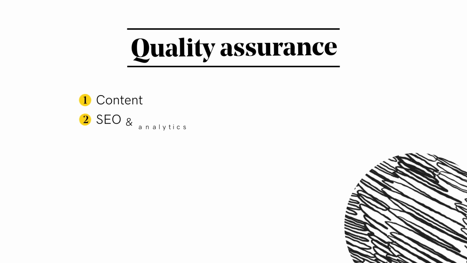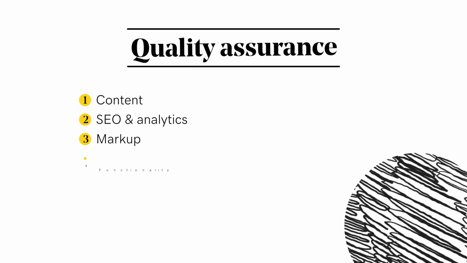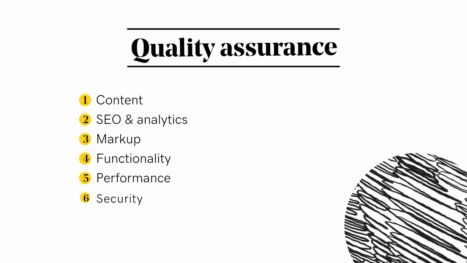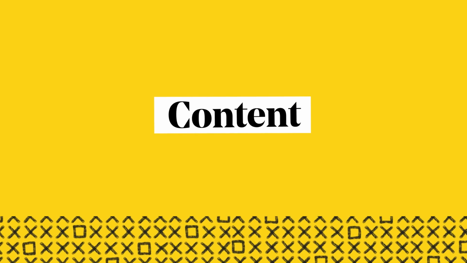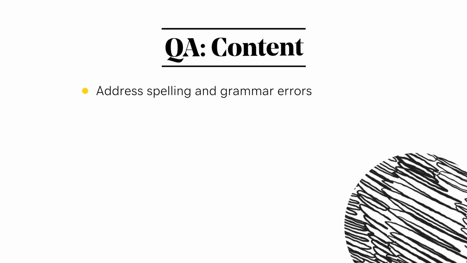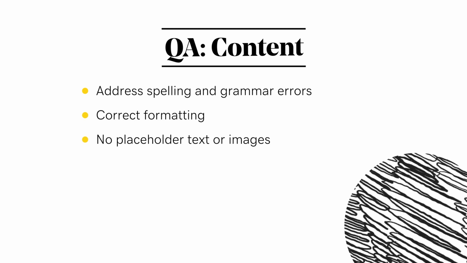Before launch, there are 7 areas to focus on for QA: content, SEO and analytics, markup, functionality, performance, security, and browser testing. When you quality assurance test for content, you want to have your team or the client address spelling and grammar errors. On your end, you'll want to make sure that the content is formatted correctly, no placeholder text or images remain, and there are no broken links.